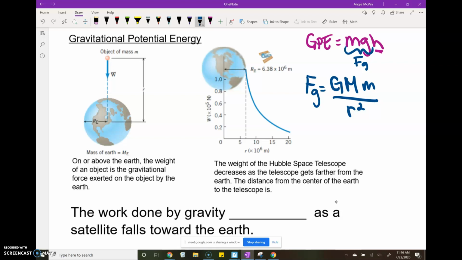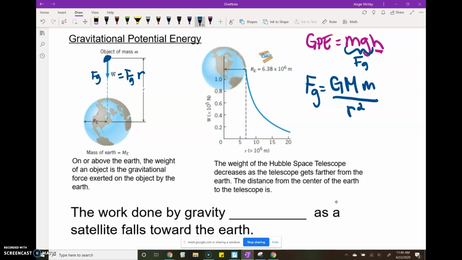Where here's an object that has a mass m, and there's a gravitational force exerted downward, and gravity is doing some work. So remember, work is force times distance, right? Where here, the force is due to gravity, and the distance is r, the distance from the center of this object down to the center of the Earth.